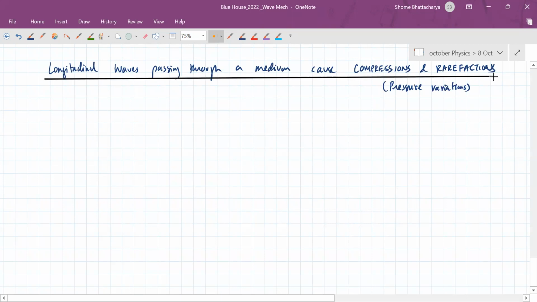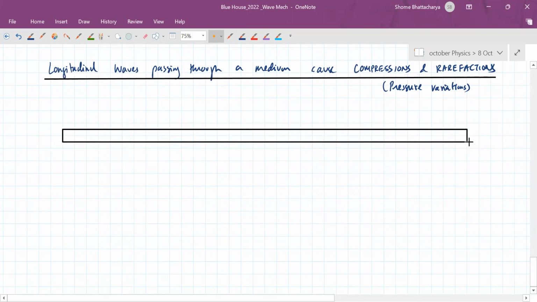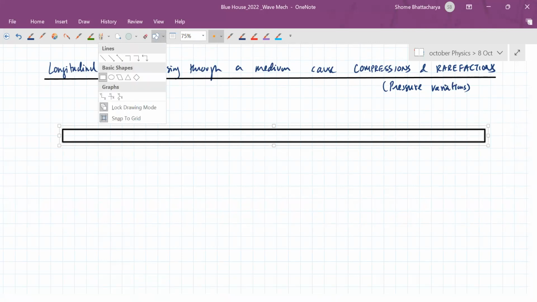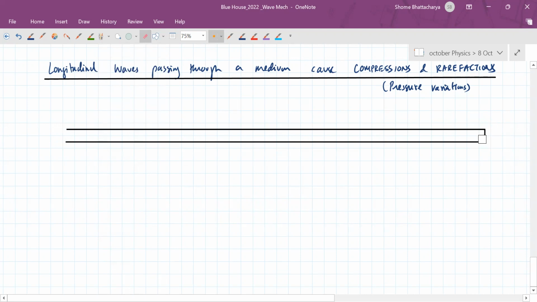So let's understand it like this. Imagine our one-dimensional model of longitudinal waves, that through a windpipe we are having these longitudinal oscillations happening. So we take this as an x-axis extending to infinity on this side.